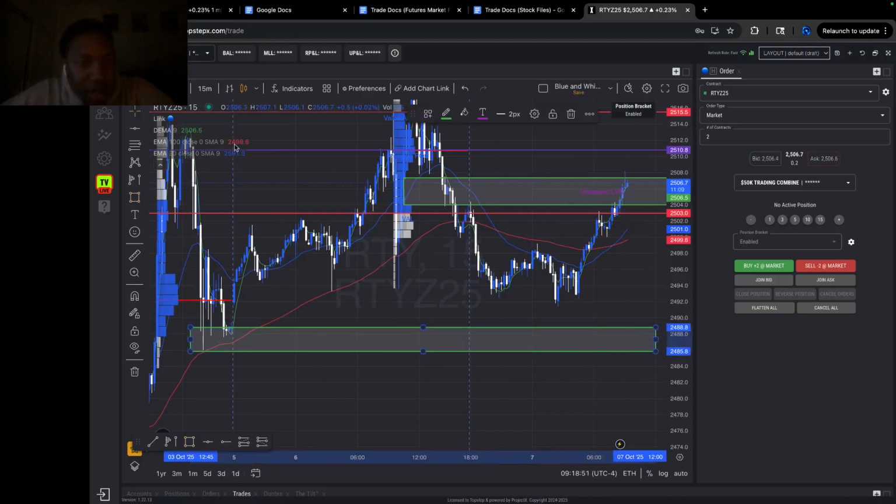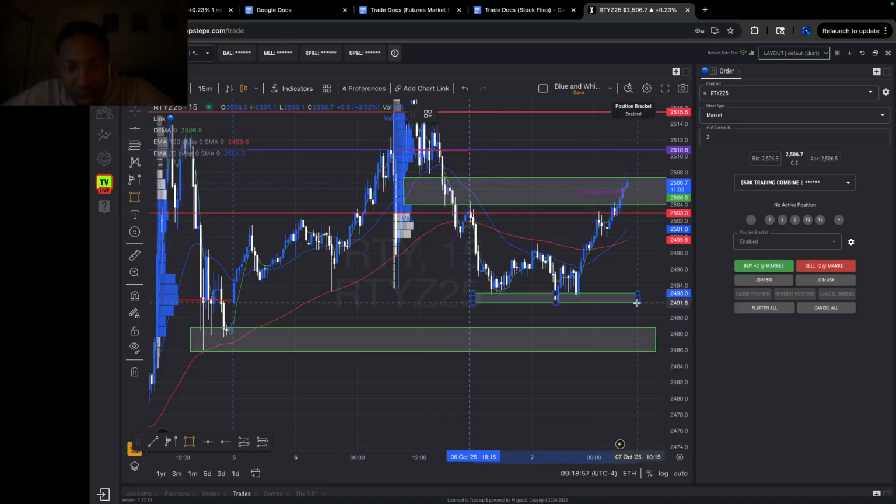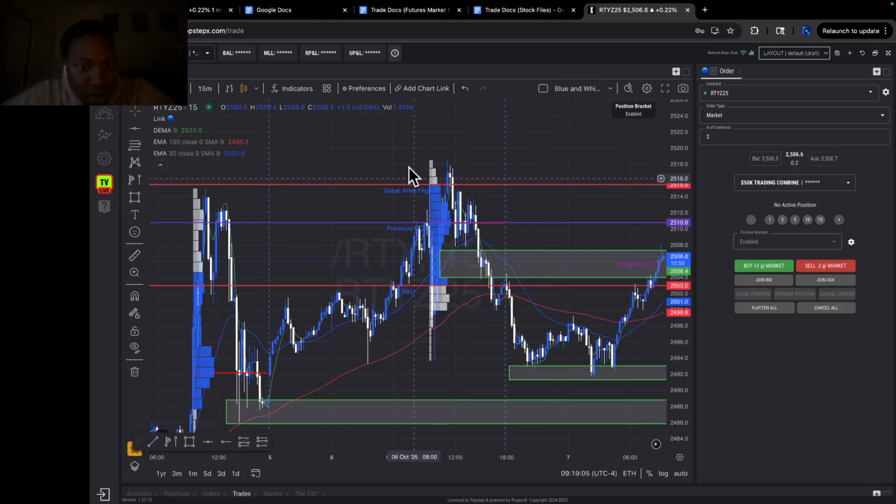Got a level right here. I'm just looking at swing highs and swing lows. A level right here. That aligns with this right here. We've rejected this area twice now.